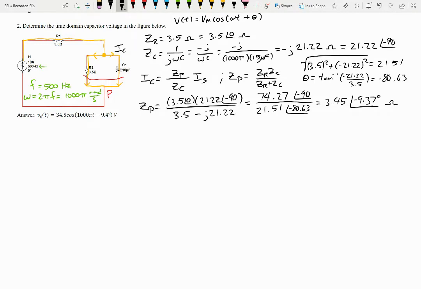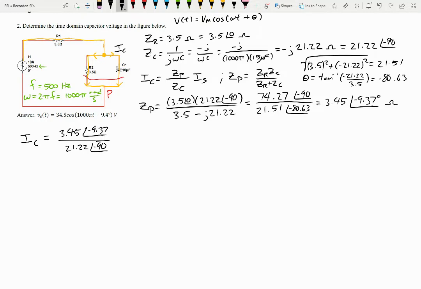All right, and we're almost there, so we'll just go ahead and finish this off. So find IFC, the current. We'll plug ZP in, which we found was 3.45 at angle -9.37 degrees over 21.22 angle -90 degrees.